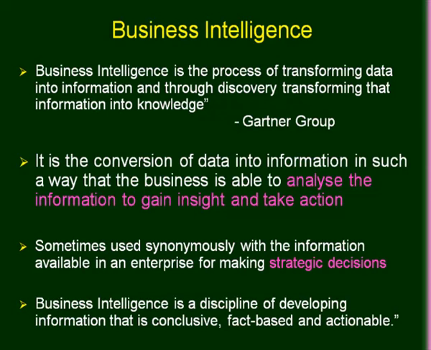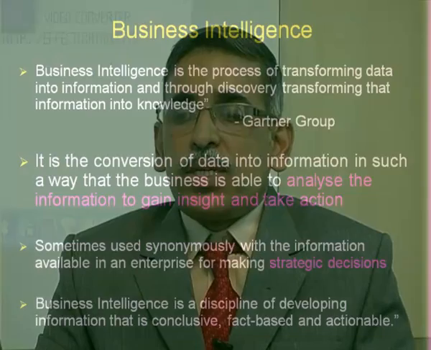Sometimes it is also used synonymously with the information available in an enterprise for making strategic decisions. That is to say, it is a discipline of developing information that is conclusive, fact-based, and actionable.